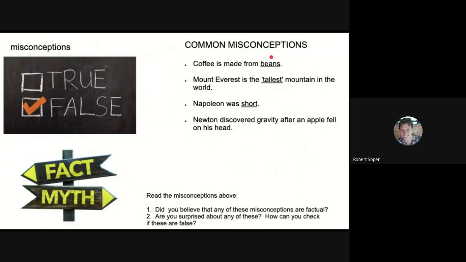A bean is very different from a seed, but they call the seeds of coffee coffee beans. It's just their name. They're actually seeds. So coffee is not made from beans, it's actually made from seeds. That's why this is a misconception. People take this to be a fact, but it's not actually true.